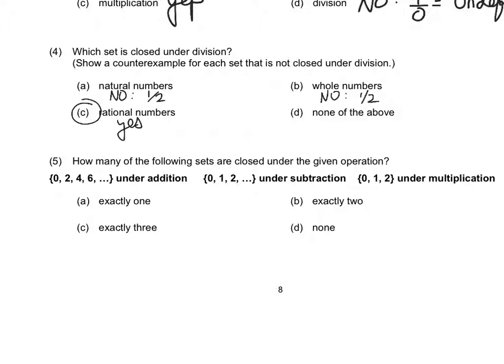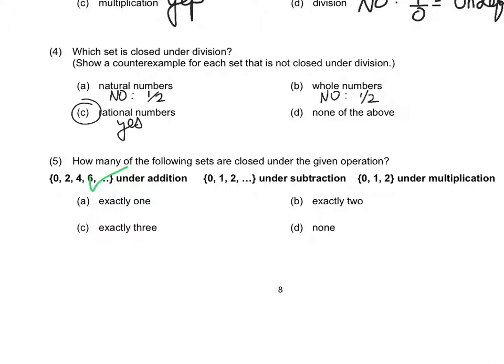Is this set closed under addition? Yes. I'm going to put a little check mark there, in green. Add any two even numbers, you get an even number. We know that because of what I just said, and also because we've done this problem already. If I subtract any two whole numbers, will I get a whole number?